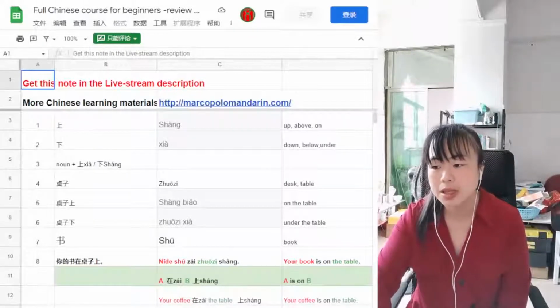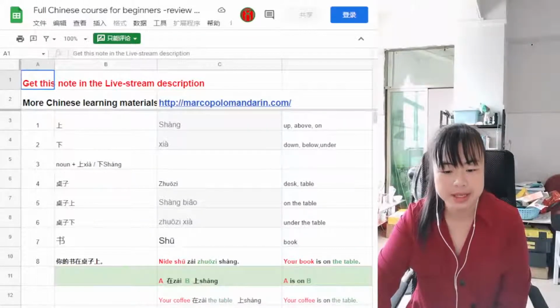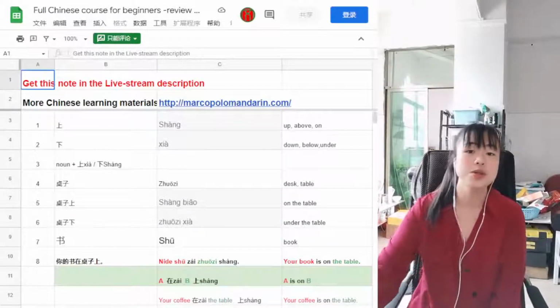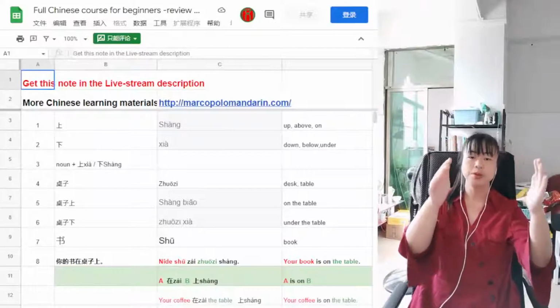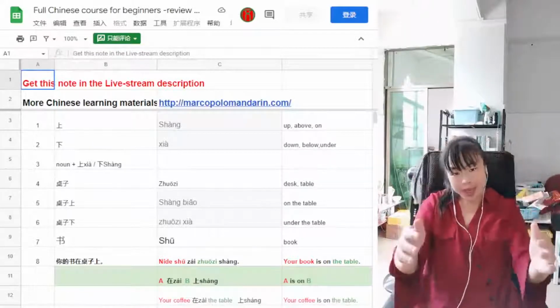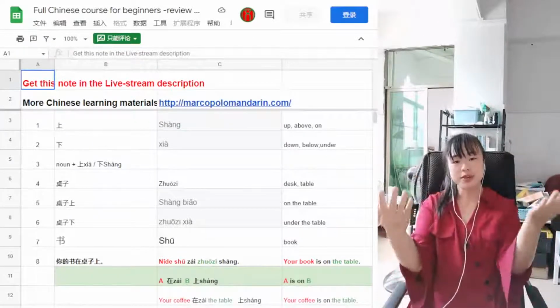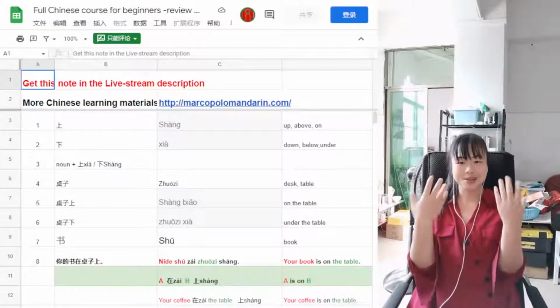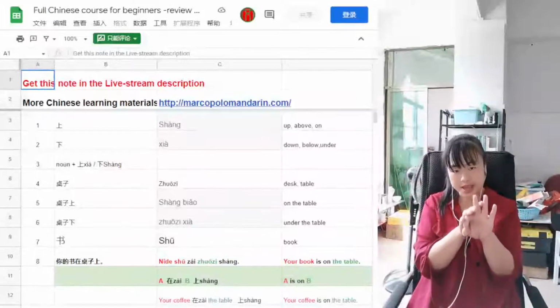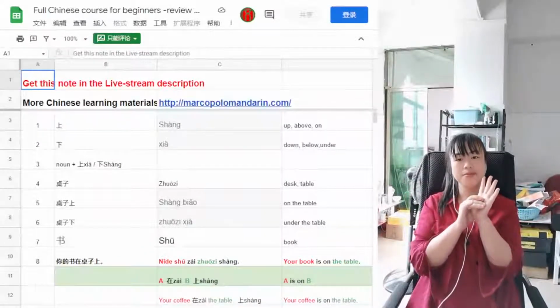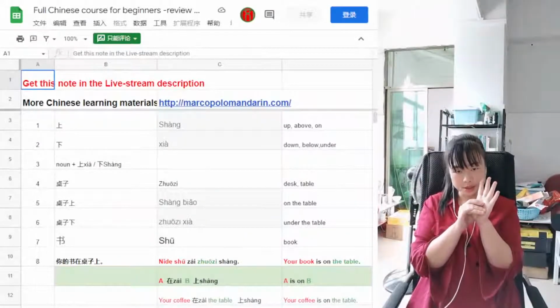Okay, so now let's keep moving. Let's do it step by step. I want to show you, if at the beginning it's too difficult for you to say this sentence directly, you try to divide it into 3 steps. Step 1, mark the English sentence with colors.